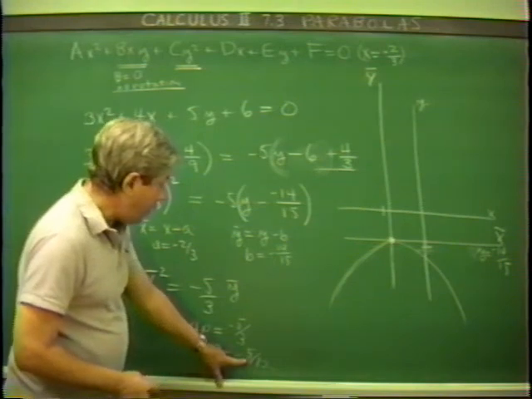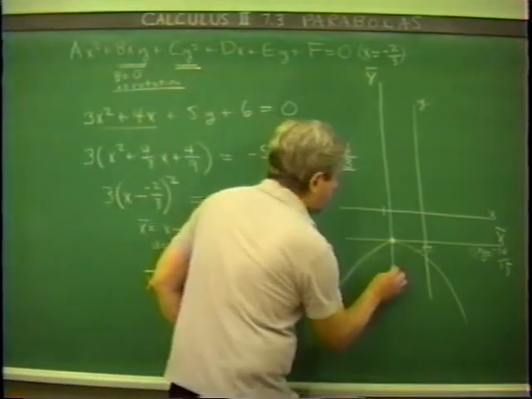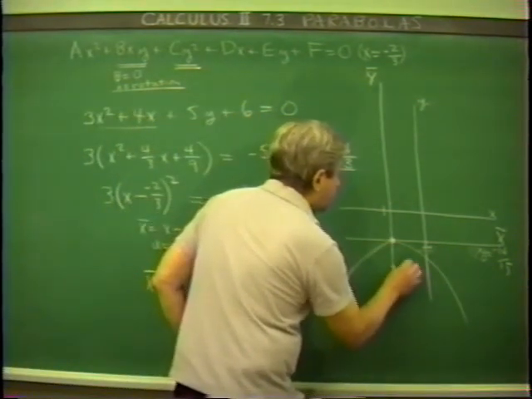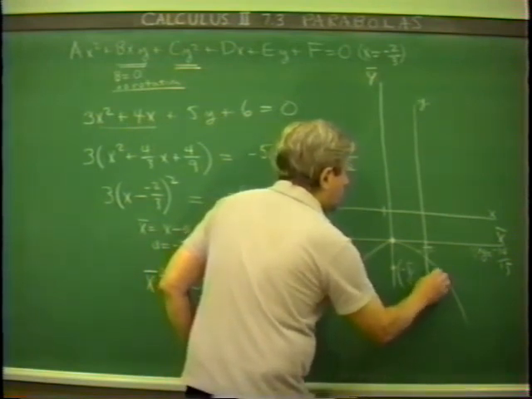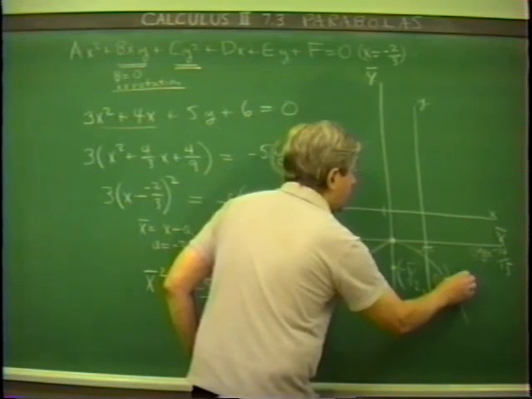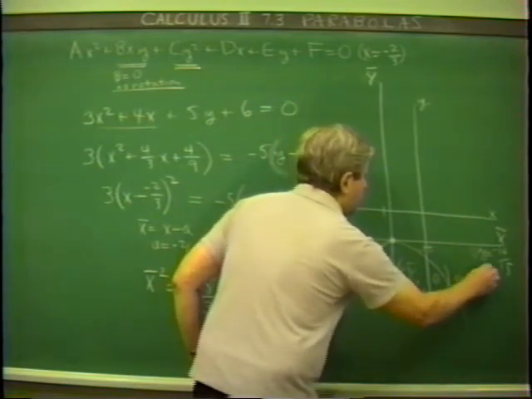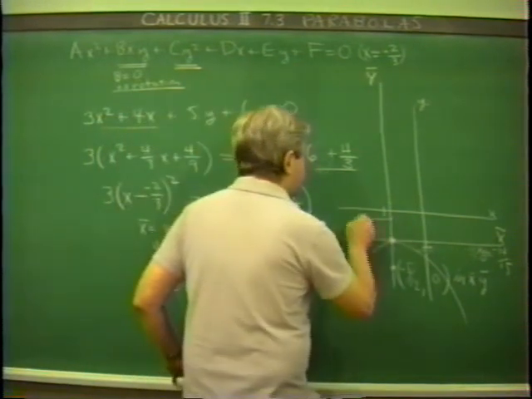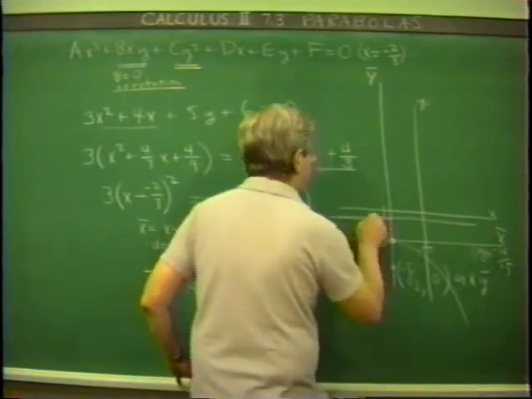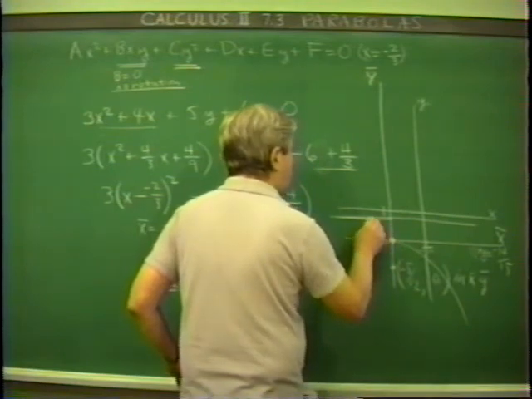The focus is going to be in the x bar y bar system at minus 5/12. So this is at minus 5/12 in the x bar y bar system. This is an x bar, y bar. And the directrix is going to be up here at 5/12.